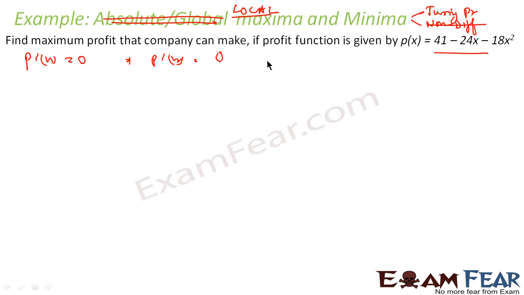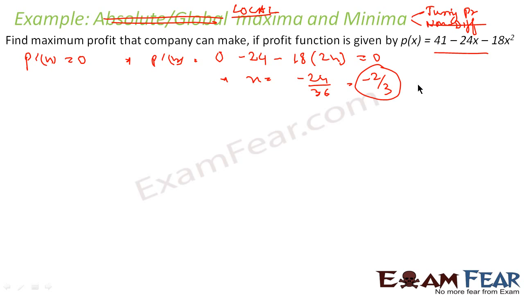41 becomes 0, 24x becomes minus 24, and 18x square becomes 18 into 2x, and this is equal to 0. So we solve this, and my x is nothing but minus 24 by 36, that is minus 2 by 3. Now I have to find whether at this point it is maxima, minima or inflection point. I know that x is equal to minus 2 by 3 is a critical point. It can be a maximum or a minimum, but we don't know actually which.